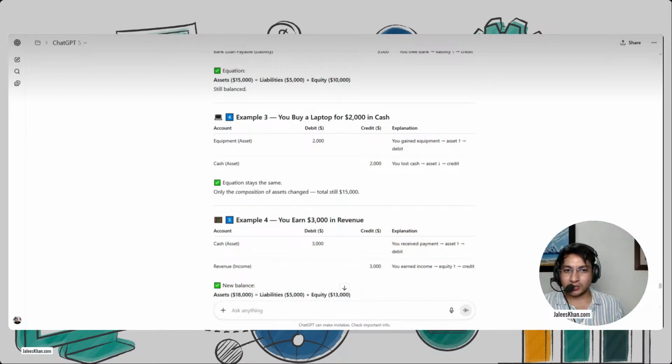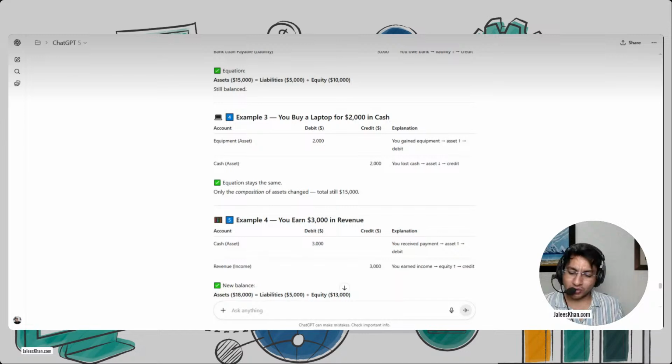But we have to record it within our business. If I say that 2,000 is gone, if I give it away to someone or if I buy something else, I have to record it.